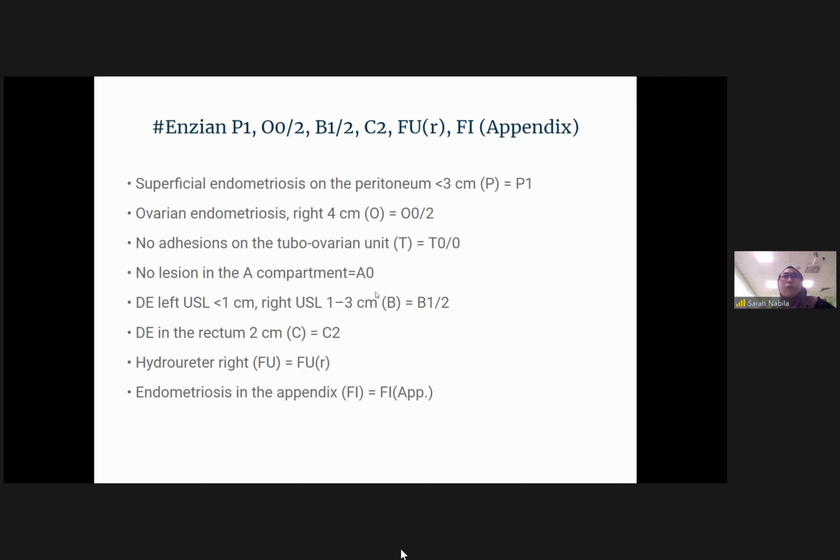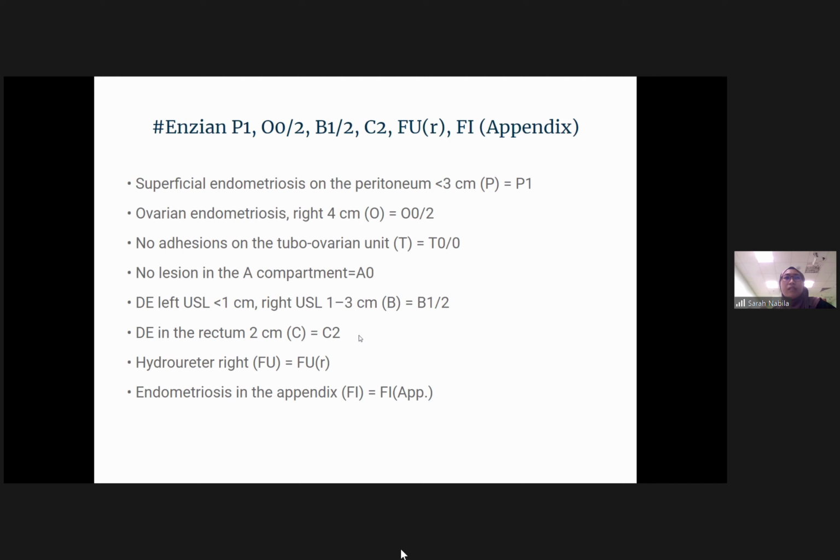For compartment B, there is deep endometriosis at the left uterosacral ligament less than 1 centimeter, which is B1/2, because over the right uterosacral ligament there is deep endometriosis 1 to 3 centimeters.